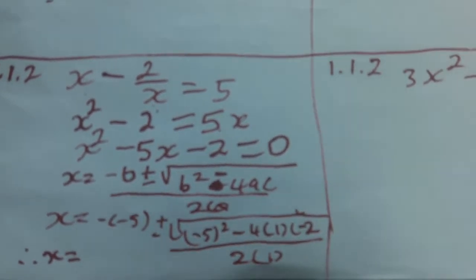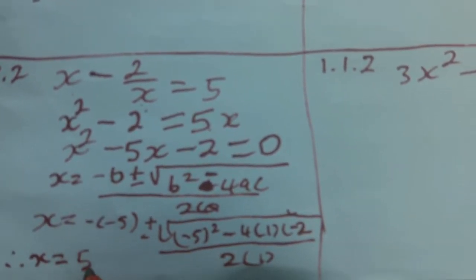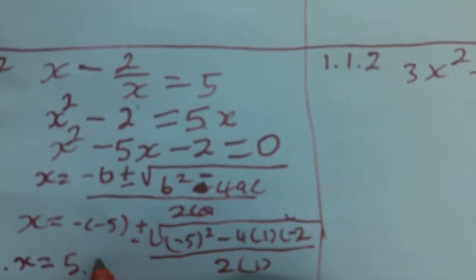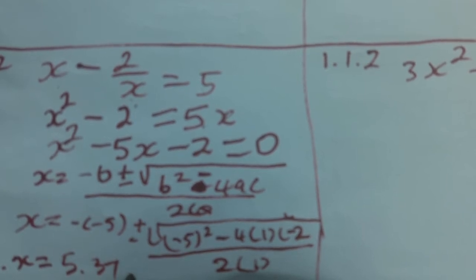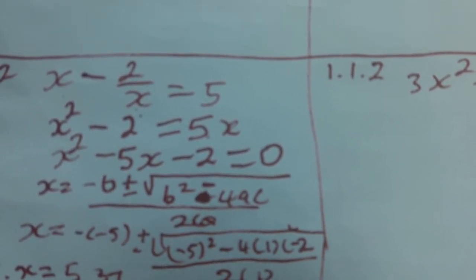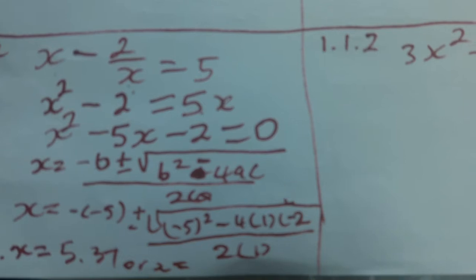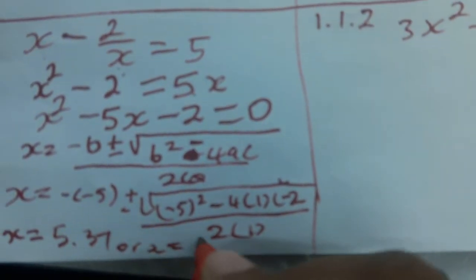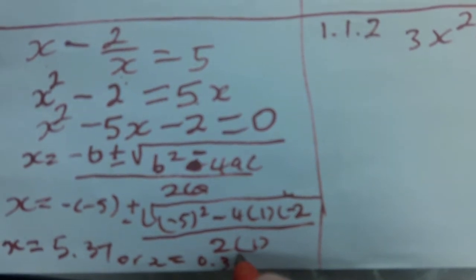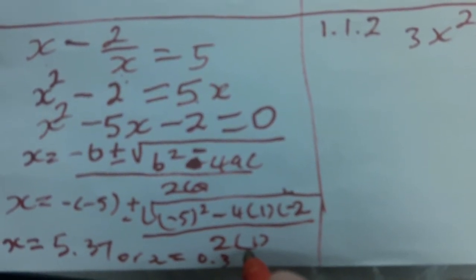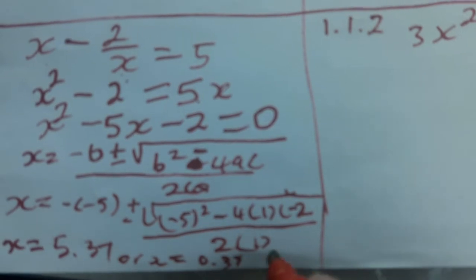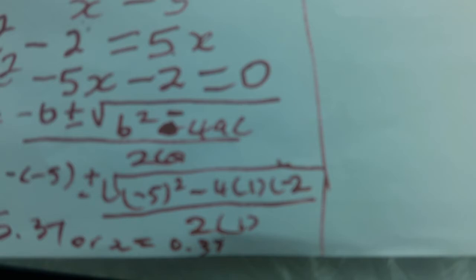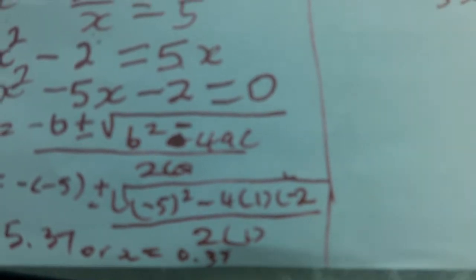Okay, the answer should be x is equal to 5.37, or x is equal to 0.37. Type that as is into your calculator, then you get your answer.